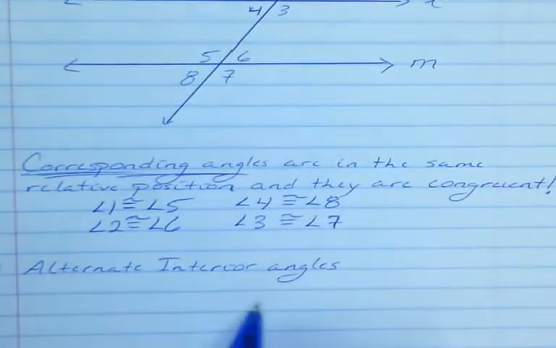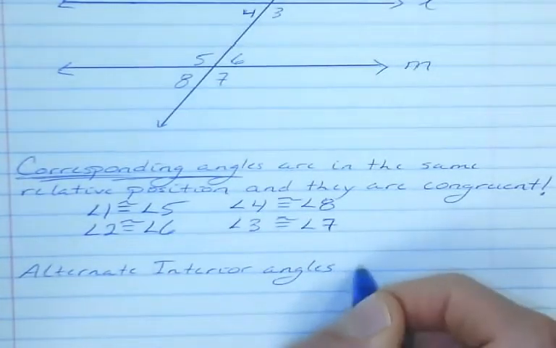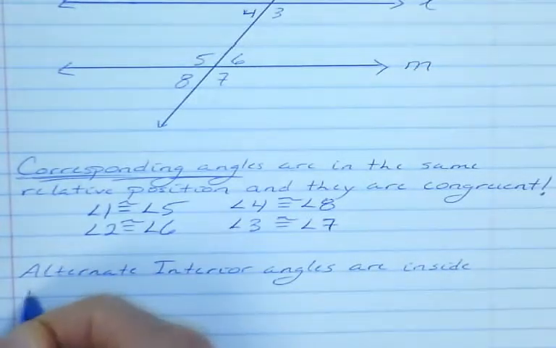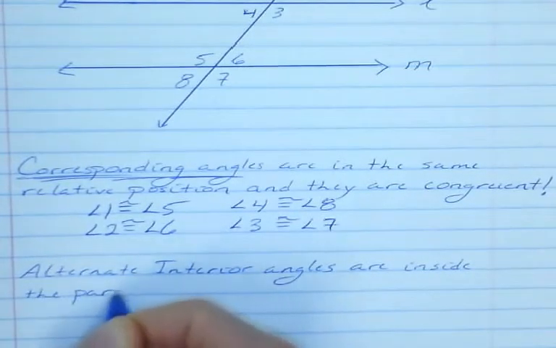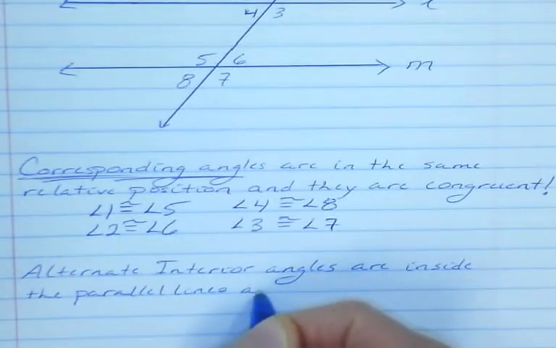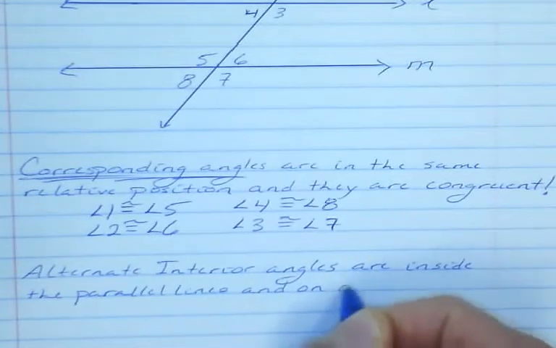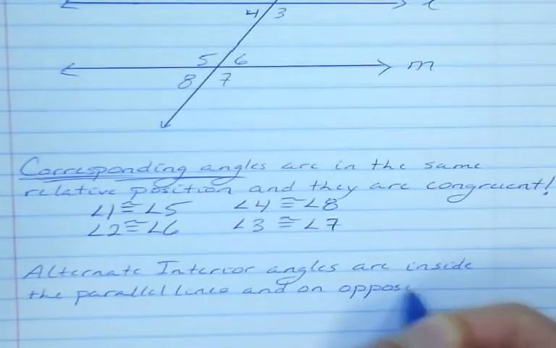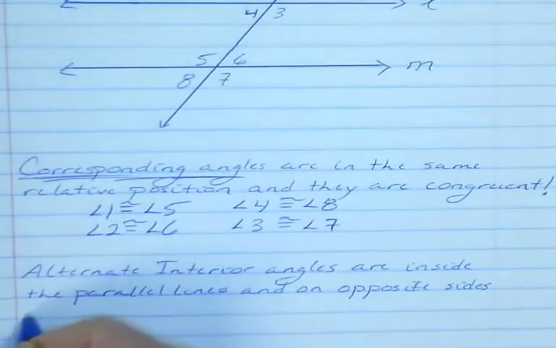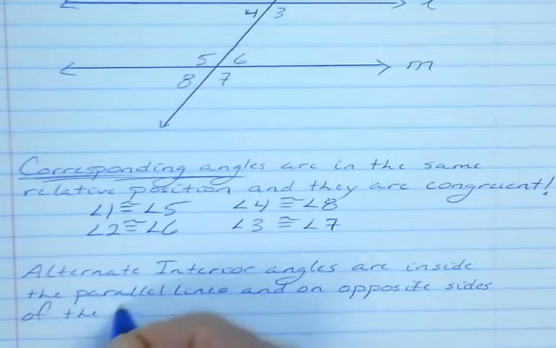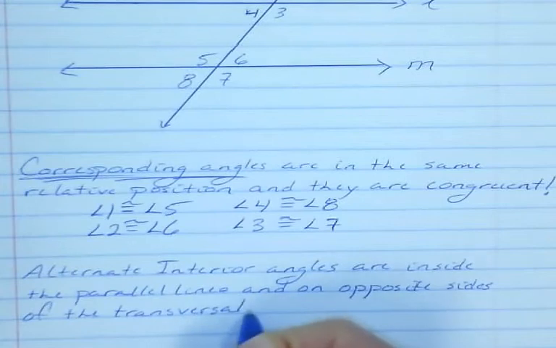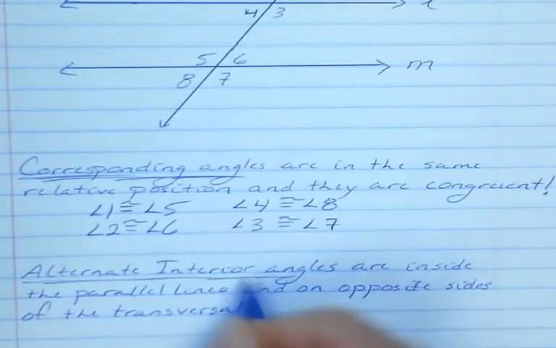So alternate interior angles are inside the parallel lines and on opposite sides of the transversal. Alright, so alternate interior angles.